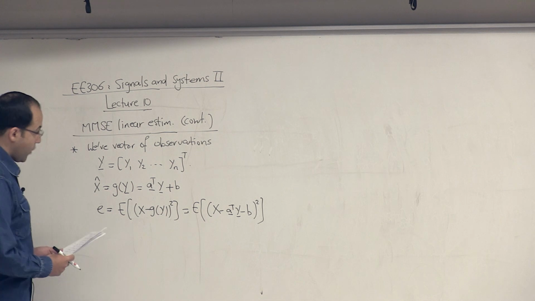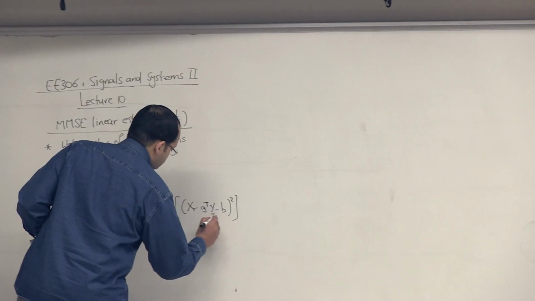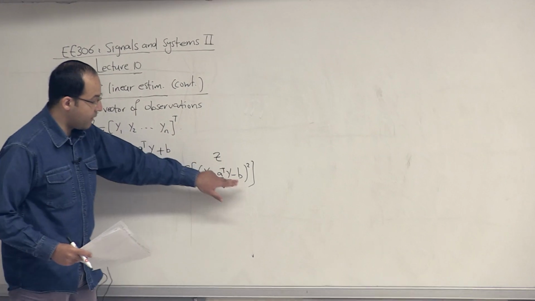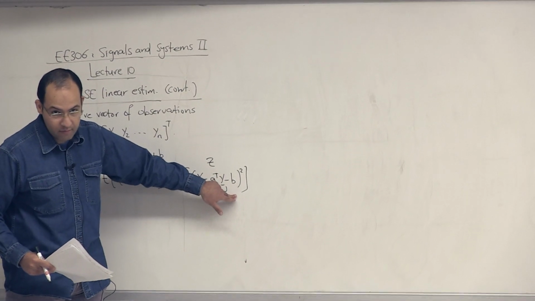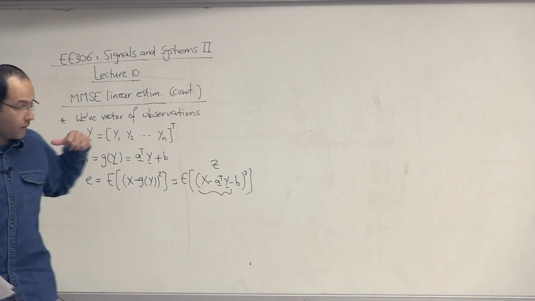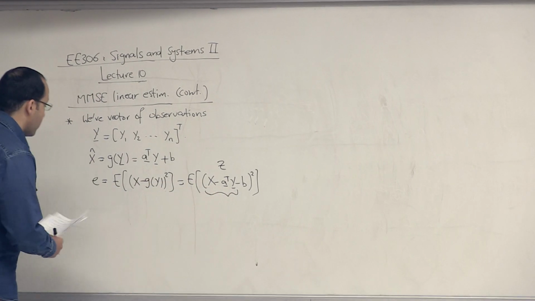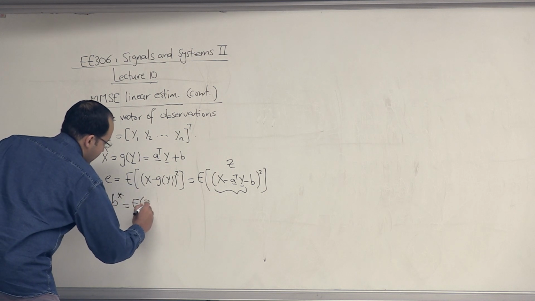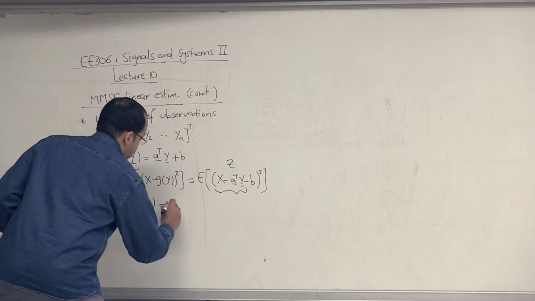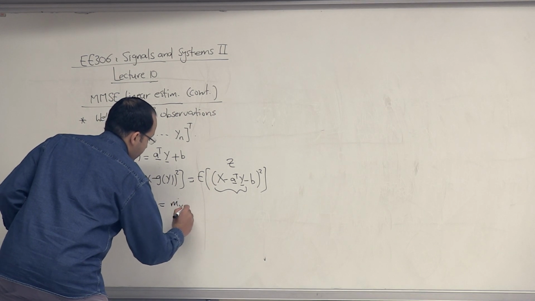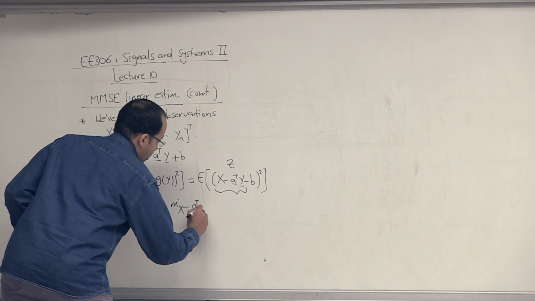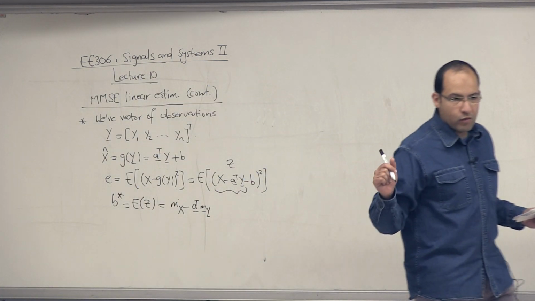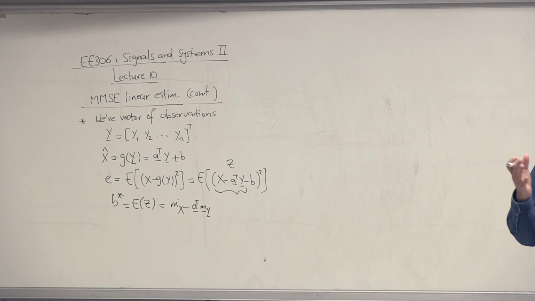If we call this random variable z, this becomes an estimation of z through a constant, right? We did this case together last time as well. What will the optimal value of the constant be? What will b star be? It will be the expected value of z, which is the expected value of x, mx, minus A transpose my. You are estimating a random variable with a constant.